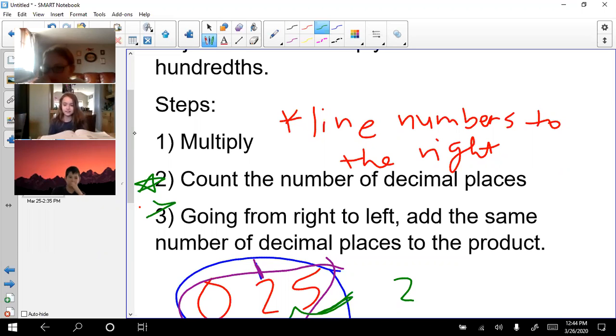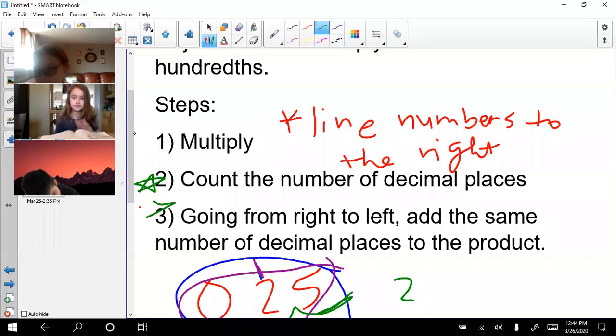Step number 2, count the number of decimal places. Step number 3, go from right to left with the same number of decimal places.